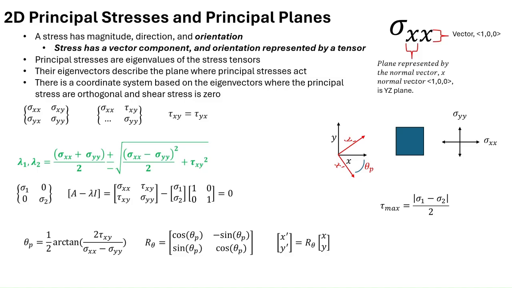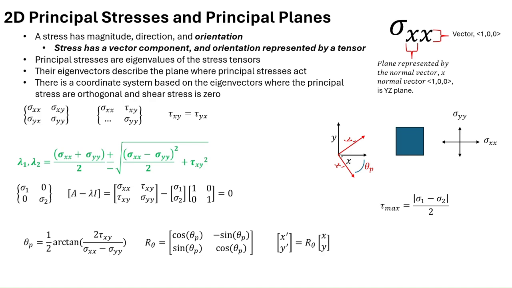All right, so now I'll talk a little bit more about the principal stresses in the 2D stress state. Previously we learned that the principal stresses are the stresses that act in the direction of the eigenvectors.